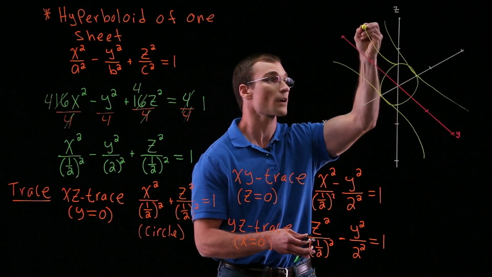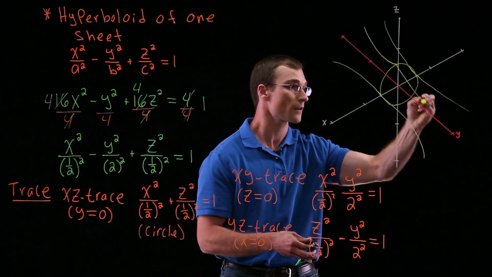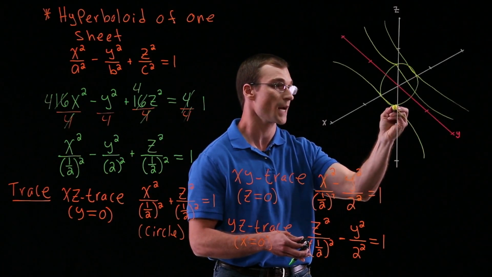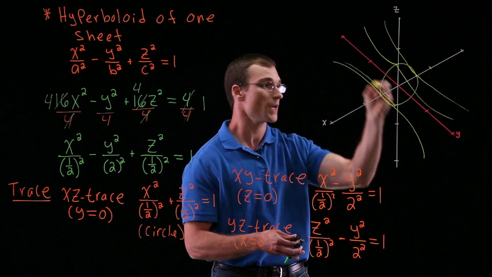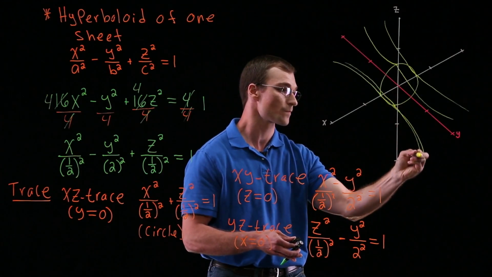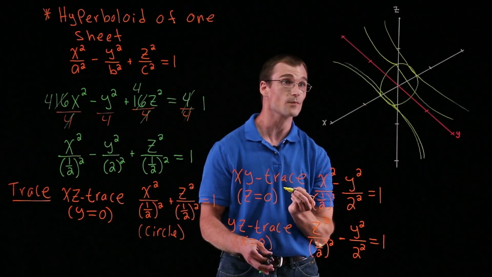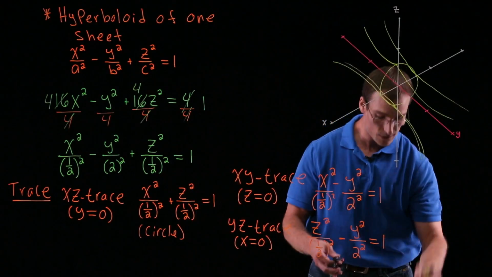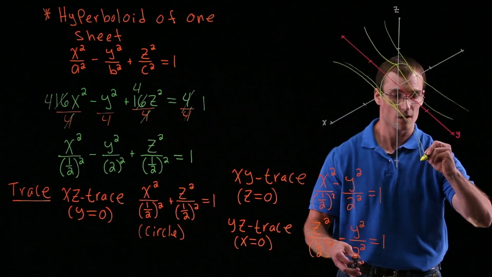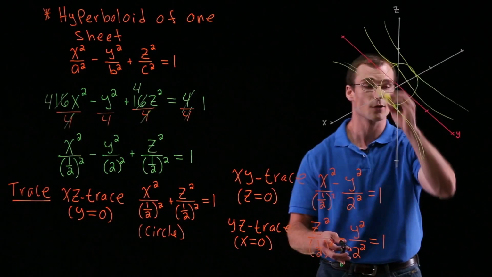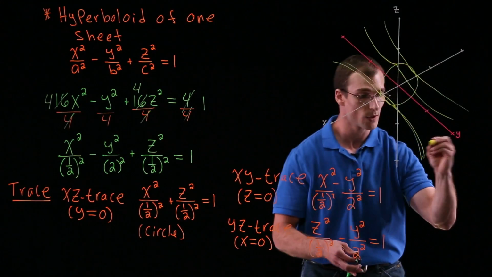So coming up in our zy plane, we have hyperbolas on top and bottom, okay, connecting there. And so on the outsides, kind of maintaining our circular figure, if we were to look at this on the end, we would see a circle.